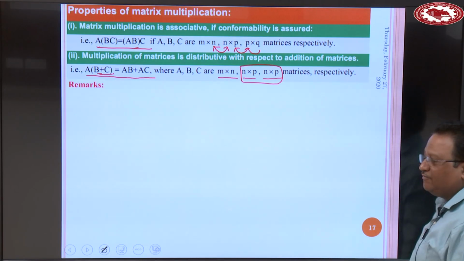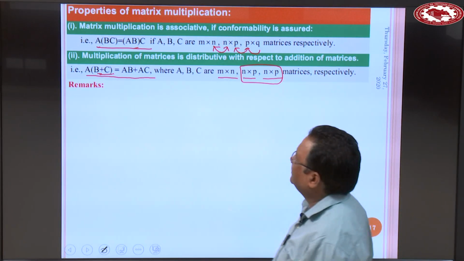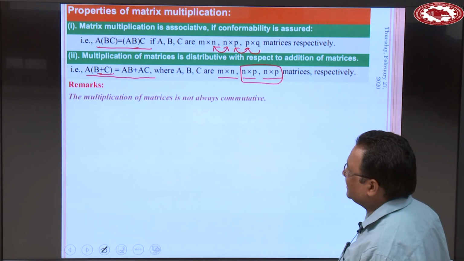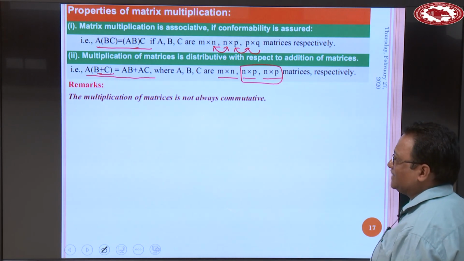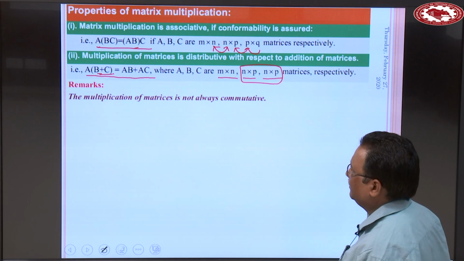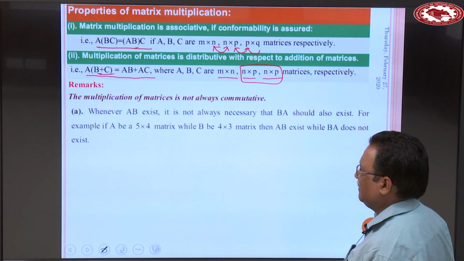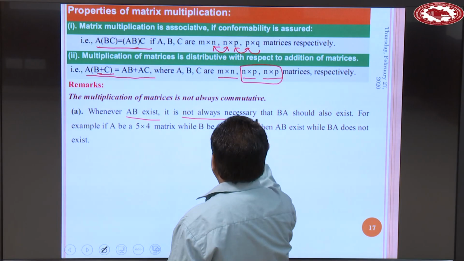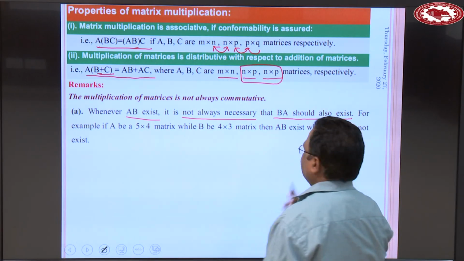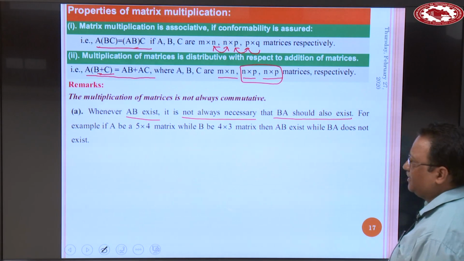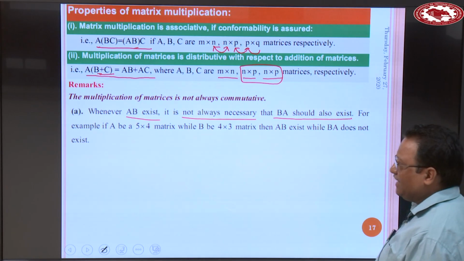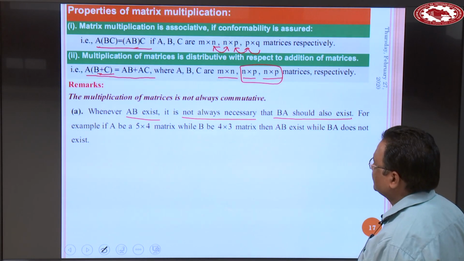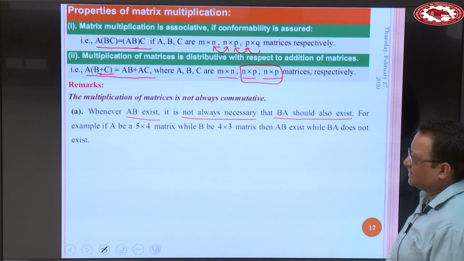Here we have a few important remarks on these properties. Multiplication of matrices is not always commutative. Whenever AB exists, it is not always necessary that BA should also exist.